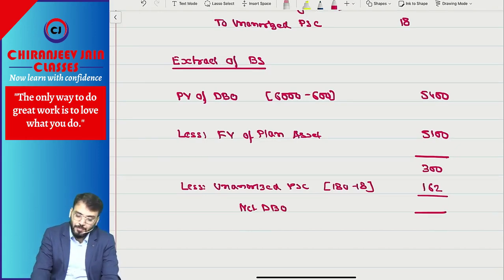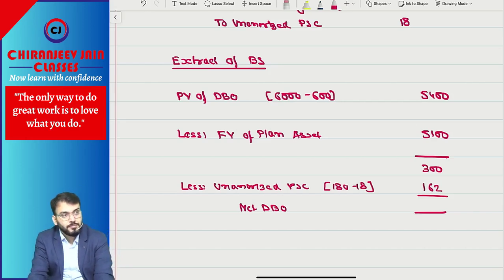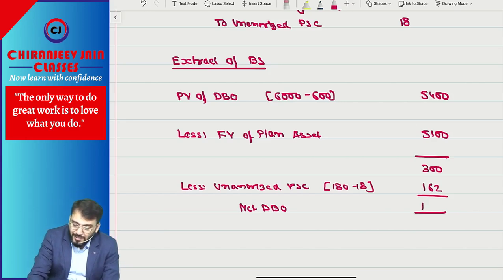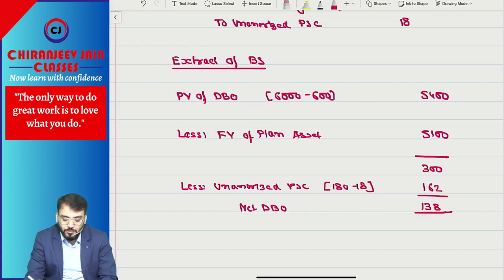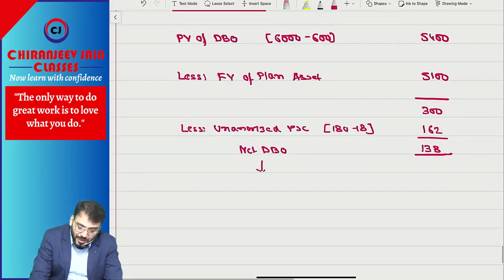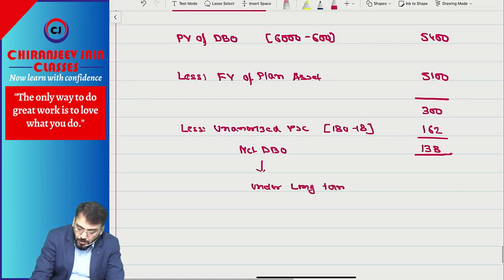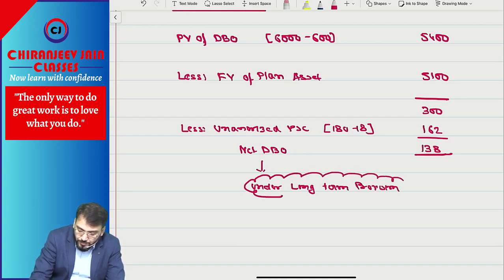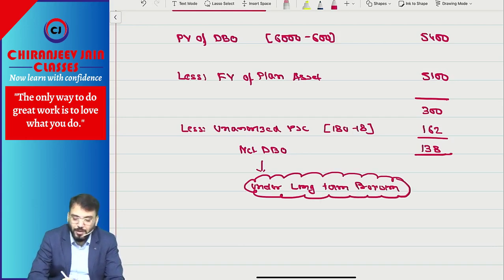How much? 138. Understood this point? So this will be shown in the balance sheet under the head long term provision. Under long term provision in the balance sheet. Got this point?